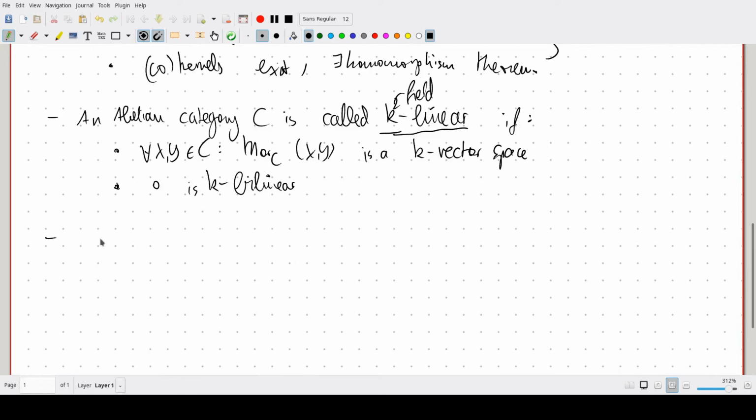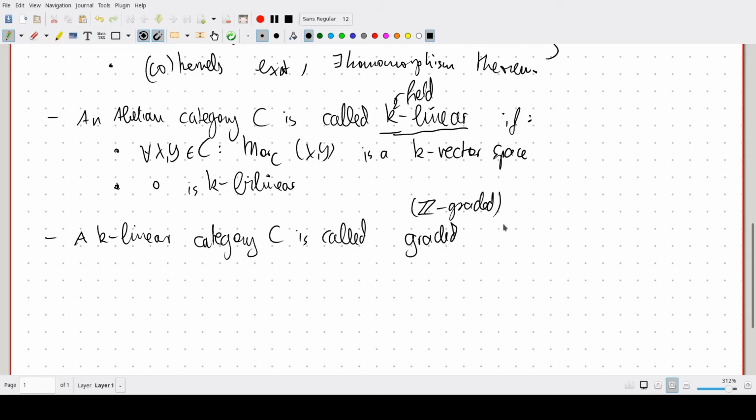Now we can do something a bit more funky, because we can specialize this to a particular class of vector spaces. So a k-linear category C is called graded, or more properly Z-graded, if all of the Hom spaces are not only k-vector spaces, but graded k-vector spaces.